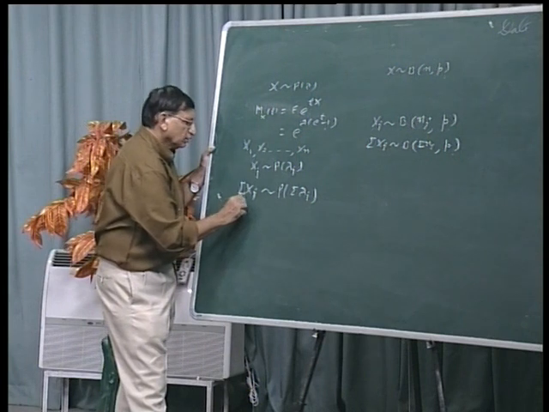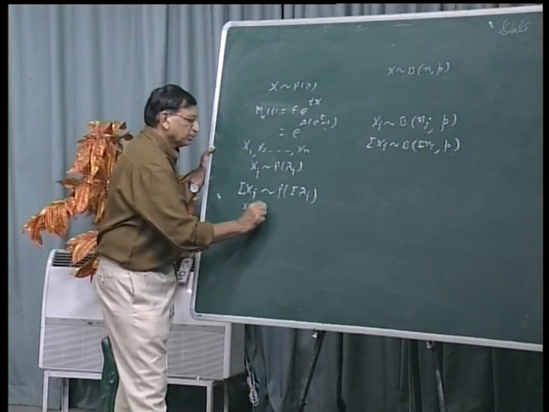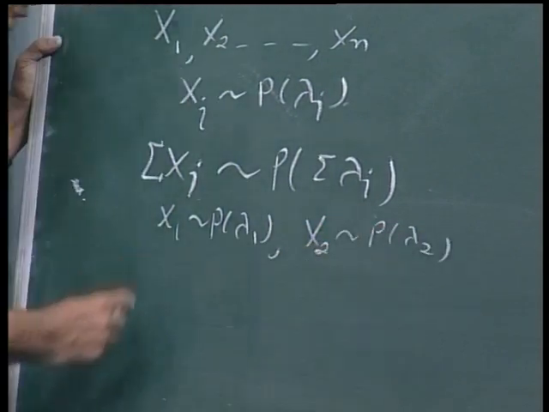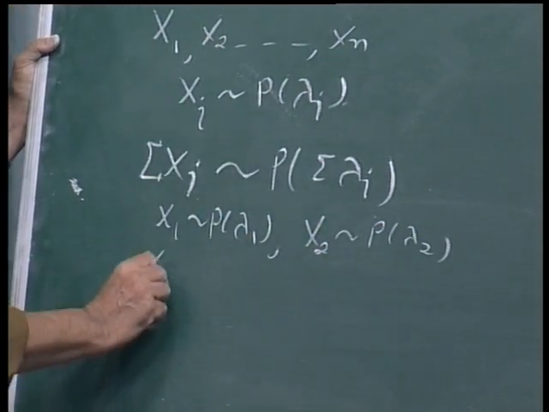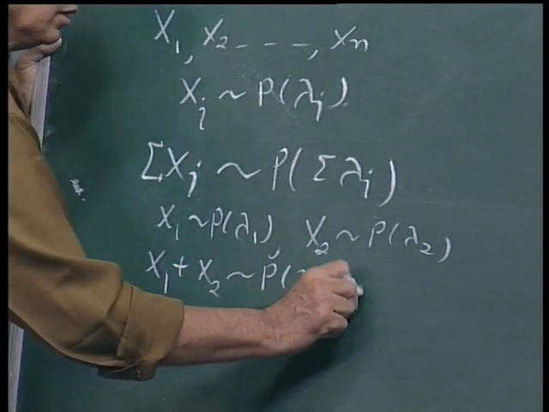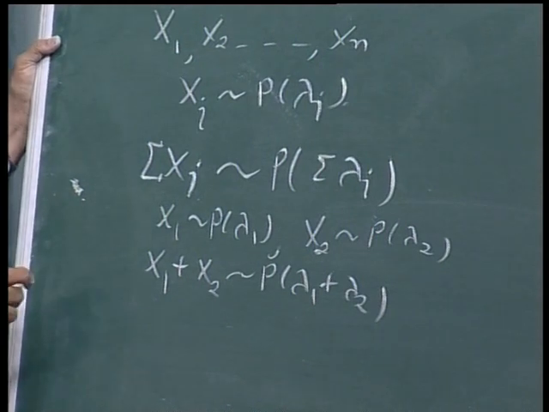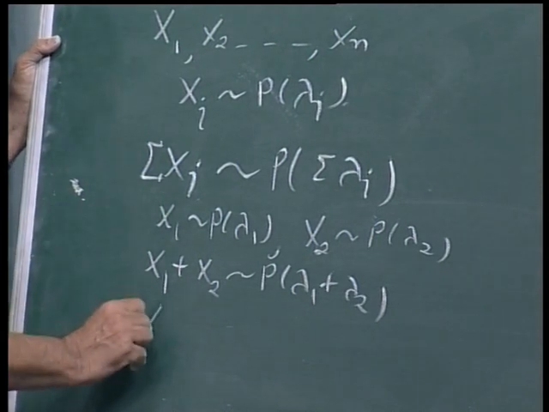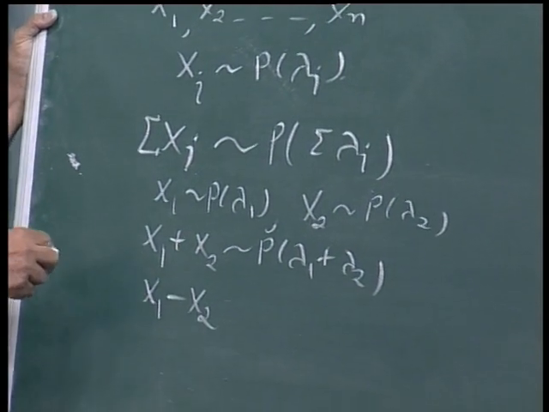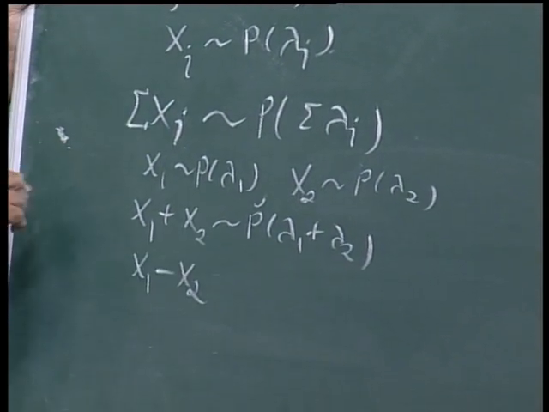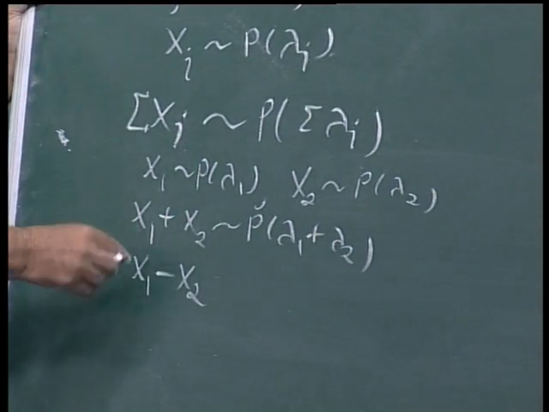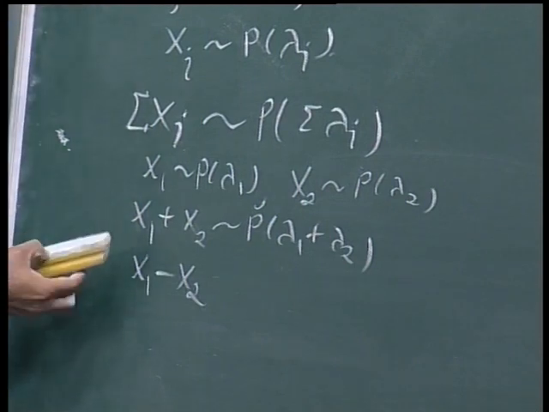Here, if x1 is Poisson with parameter lambda 1, and x2 is Poisson with parameter lambda 2, and x1 and x2 are independent, then x1 plus x2 is Poisson with parameter lambda 1 plus lambda 2. But if we take the difference x1 minus x2, that is not Poisson. So the sum of two independent Poisson variates is Poisson, but the difference is not a Poisson variate, remember.